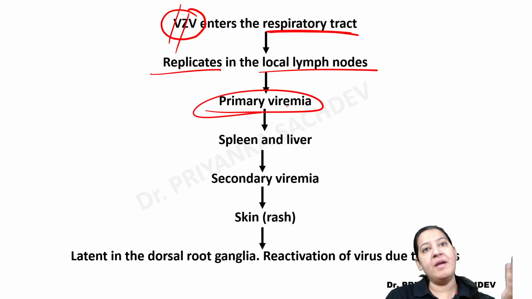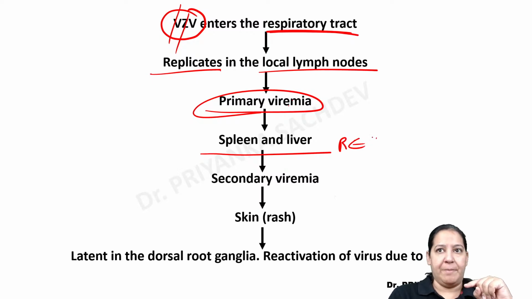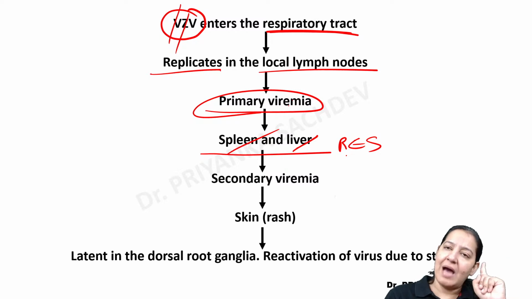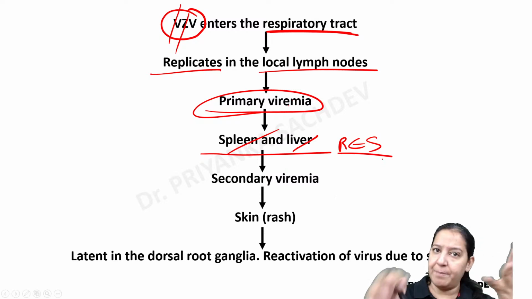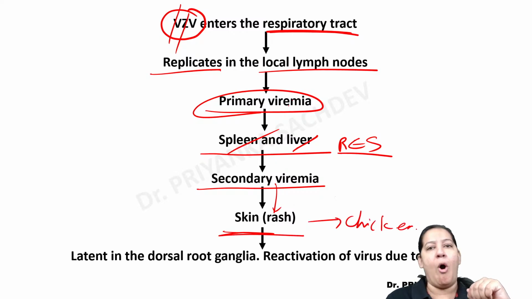From primary viremia, the virus again goes to the reticuloendothelial system, RES, in the liver and the spleen. Again, it will replicate. All viruses go into the reticuloendothelial system and replicate, and then they come into the blood, secondary viremia. After that, it goes to the skin and produces a rash. This rash is chickenpox, right?